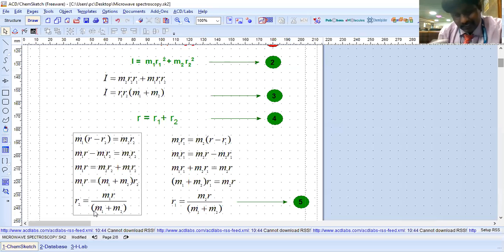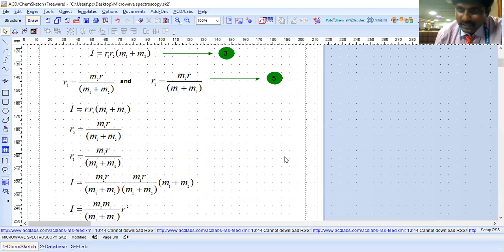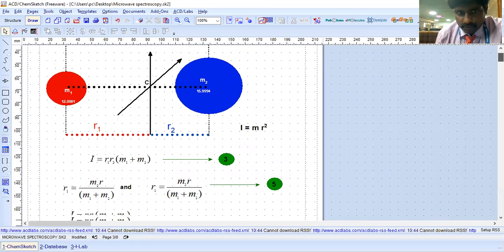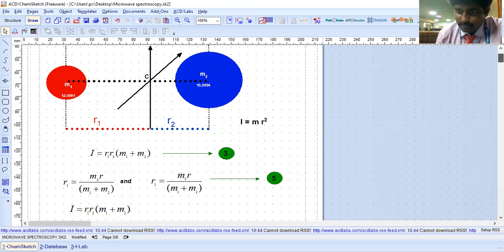Now this equation 5, we are going to substitute in equation 3. What is equation 3? I is equal to R1 R2 into (M1 plus M2).